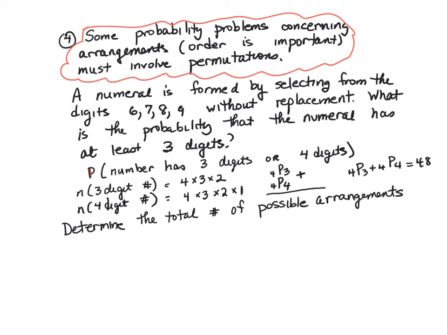But of course, we're focusing in on 3-digit numbers and 4-digit numbers. But if we pick numbers, we could pick 1 number, we could pick 2, we could pick 3 and 4. So determine the total number of possible arrangements from the given 4 digits.